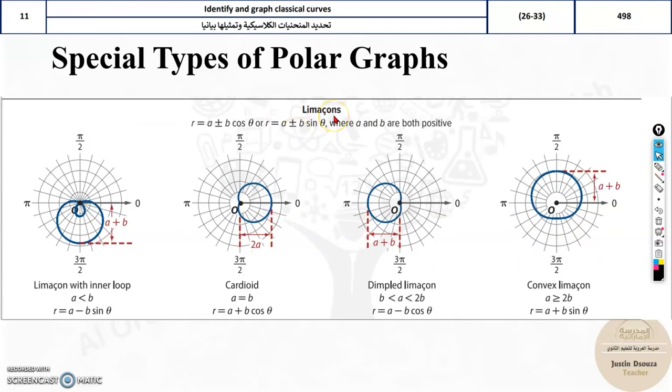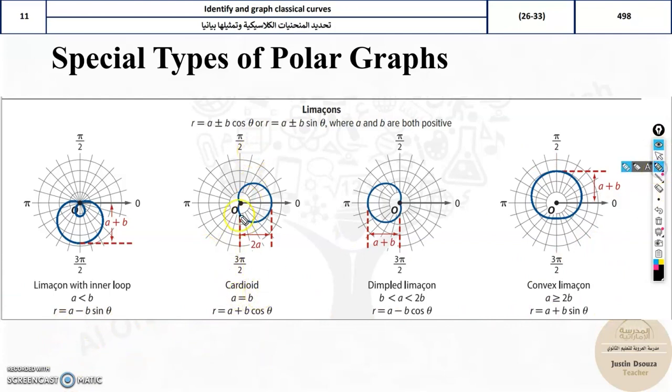So now what else? Limaçon. The pronunciation is Limaçon. I believe it's French. There are plenty of these. Even if you don't remember these, I'll tell you a shortcut later on. But now, there's something called a cardioid as well.